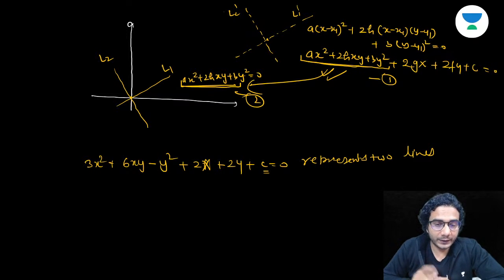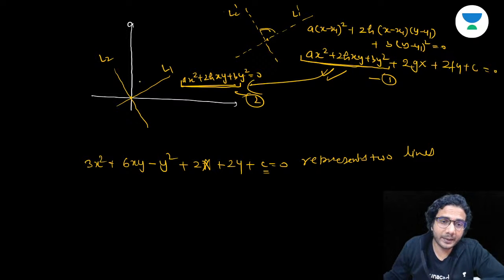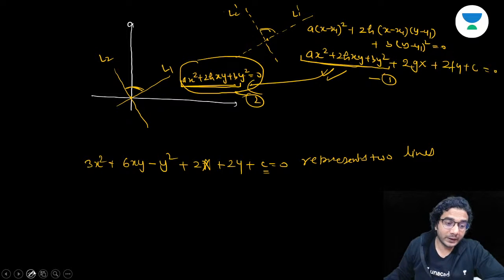So he can ask for delta. Then he can ask questions like, what is the angle between the lines? The angle between these two lines is the same as the angle between these two lines, right? Can you see that? And the angle between these two lines we know by the formula, 2 under root of. Do you remember that? So you can use the same formula. I am writing that formula.